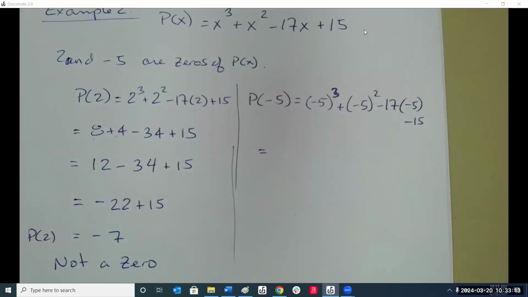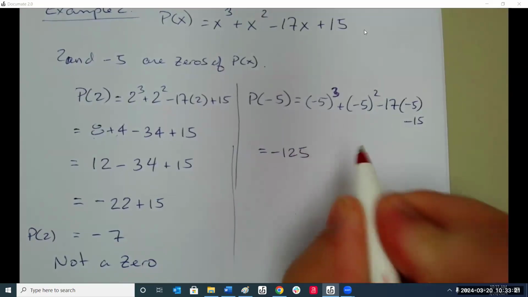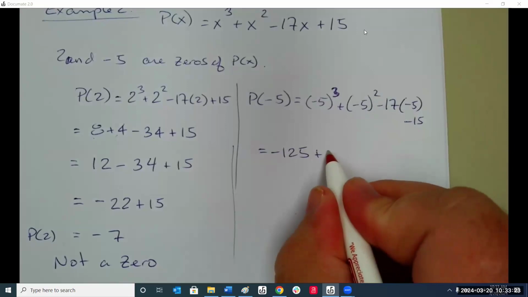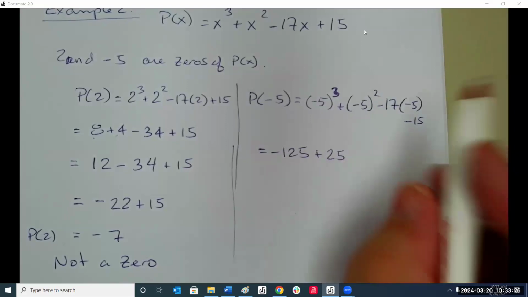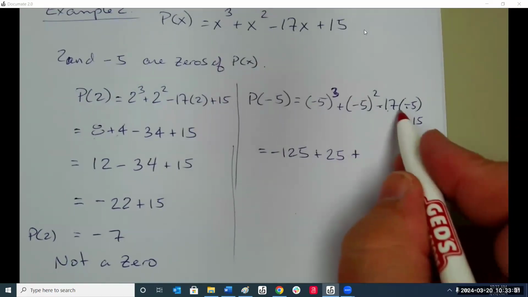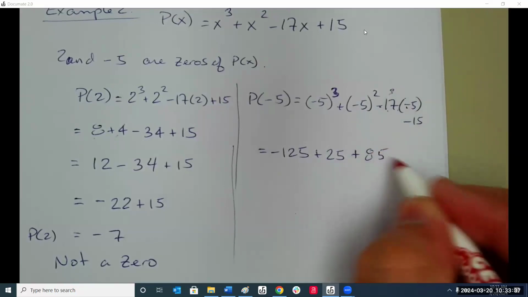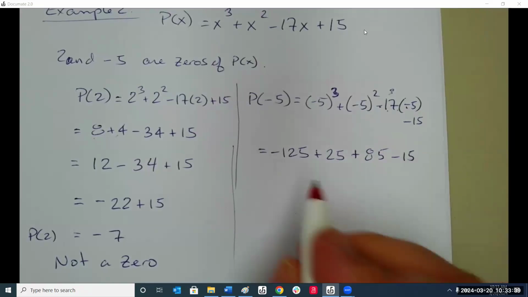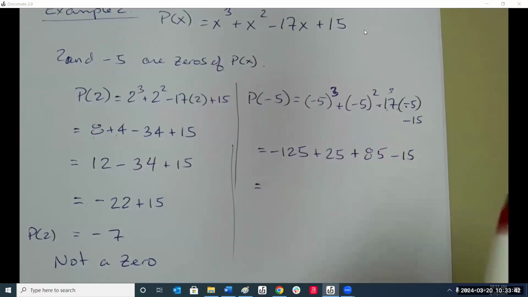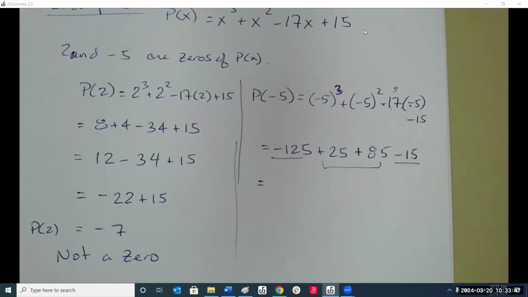What is -5 cubed? Right, -125. -5 squared, 25. Negative and negative makes it a positive. 17 times 5: 7 times 5 is 35, 5 plus 3 is 8, so 85. So I can combine by the commutative property, I can move them around, I can associate those numbers.